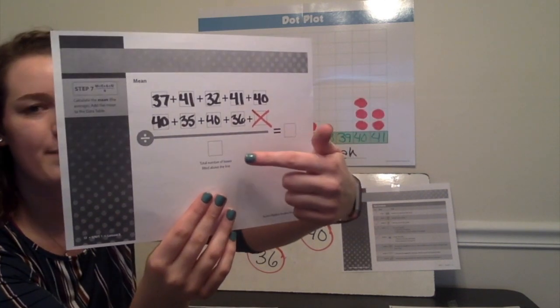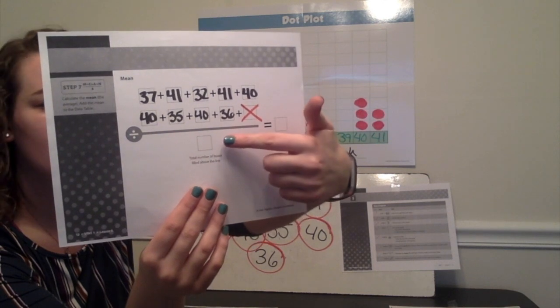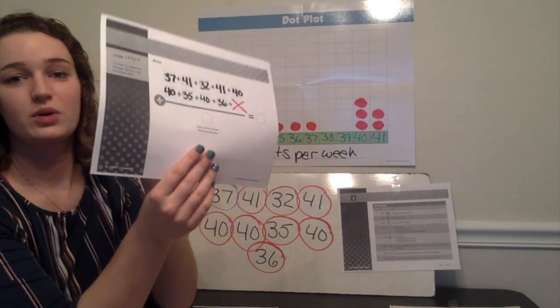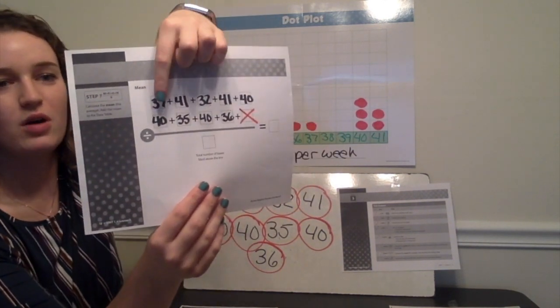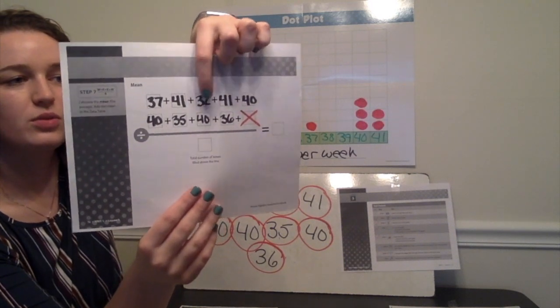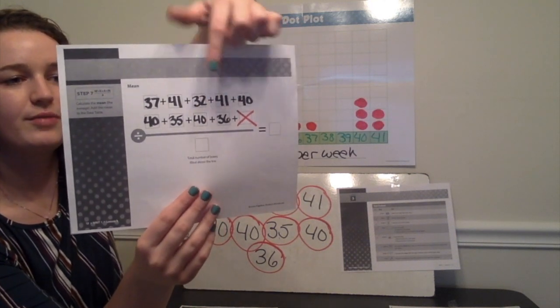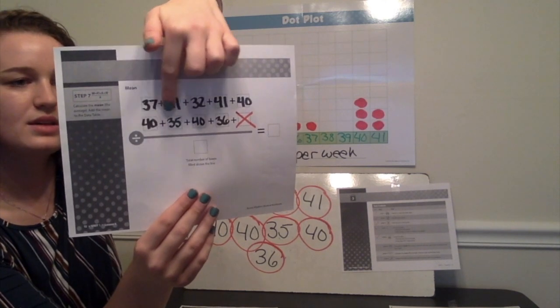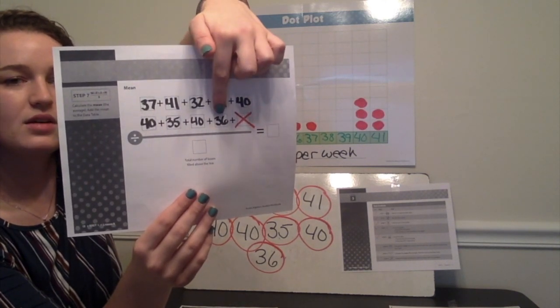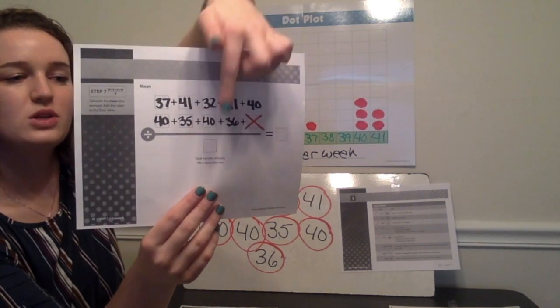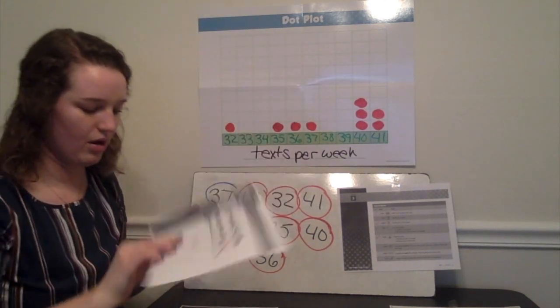Now in this bottom box, we have to figure out what our total amount of numbers we have. So we're going to count our numbers here. So we have 1, 2, 3, 4, 5, 6, 7, 8, 9. Okay? So we're going to write 9 in this bottom box.